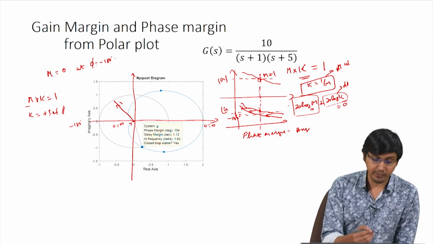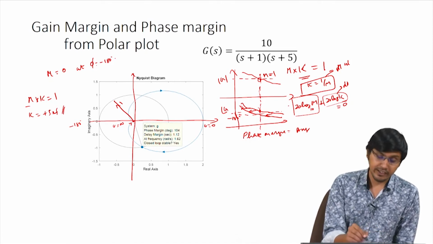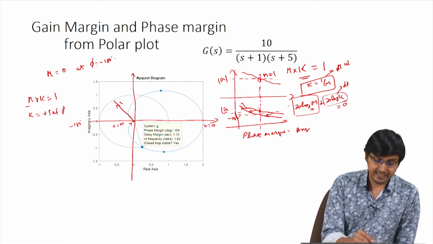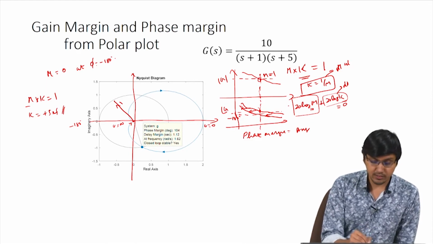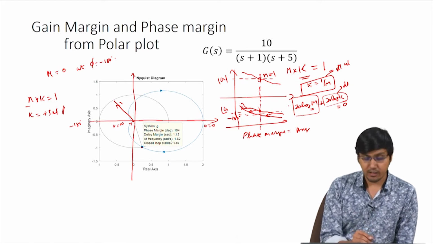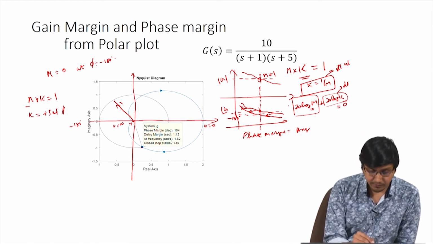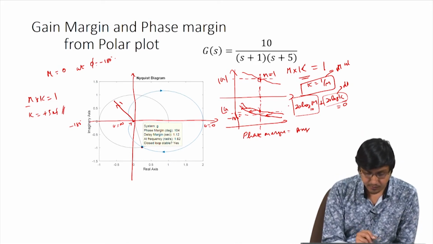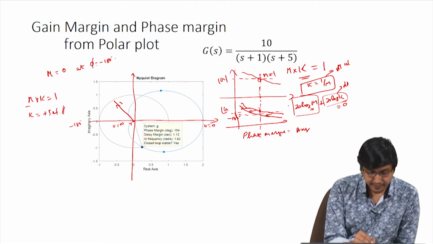So the same thing we can do is draw a circle of magnitude 1. So this is the circle of magnitude 1. At this point we will see what the phase is. This phase is somewhere like this is 90 degrees and this is a little more than 90 degrees, so it is 14 degrees here.